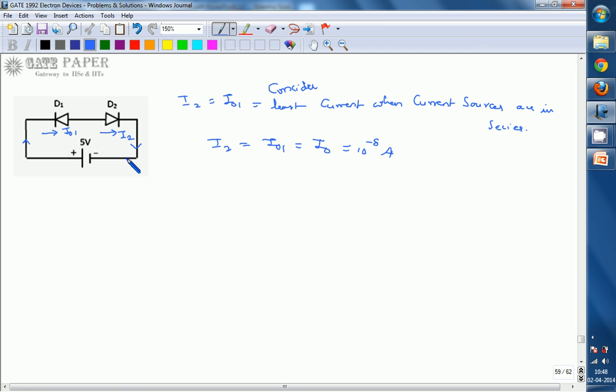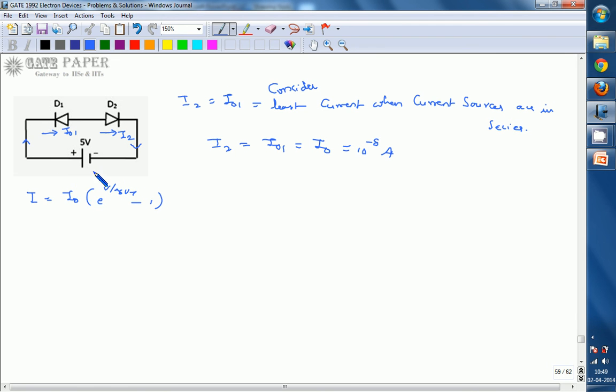And if we want to calculate the voltage across the diode, we know the equation I is equal to I naught multiplied by e power V by eta Vt minus 1. This is the current flowing through the diode.